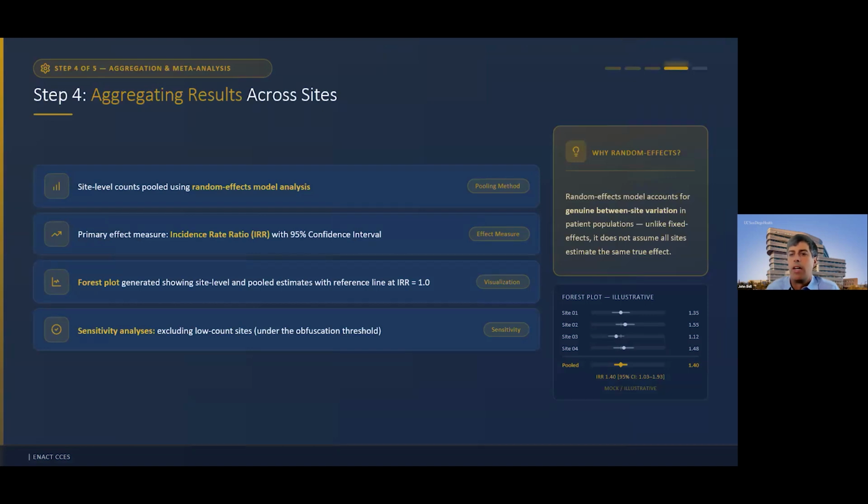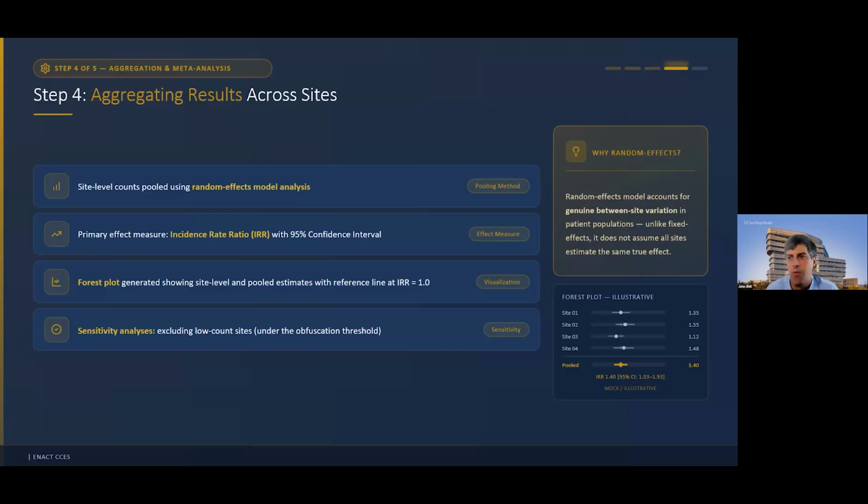So again, a lot of times these site level counts, they're using a random effects model analysis. So basically assuming that each site might have different things that may affect it. And that's the pooling method that we're currently using. They're using an incidence rate ratio with 90% confidence intervals to measure that effect.